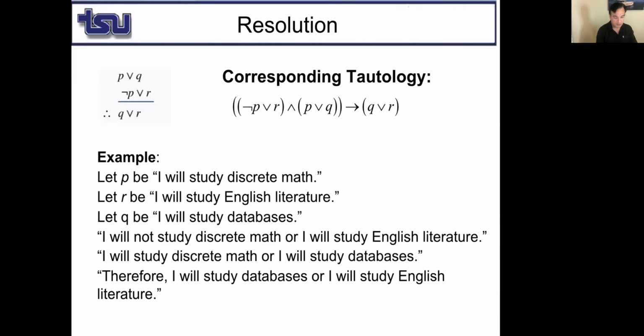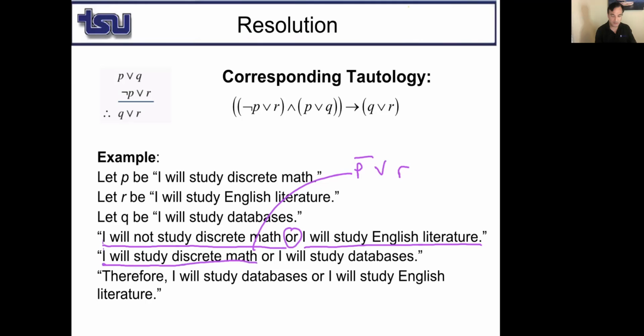Here, I will not study discrete math. This means P naught. I will study English literature is R, and we have or here. So that means P naught or R. That's premise 1. That's the compound statement 1. And then I will study discrete math.